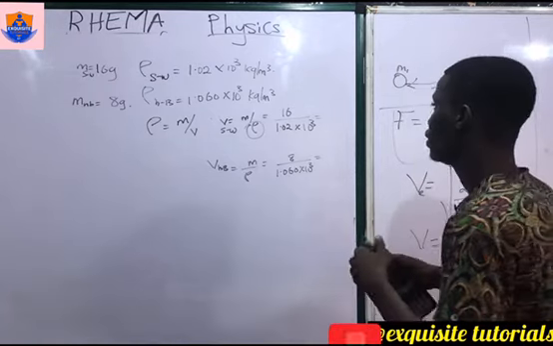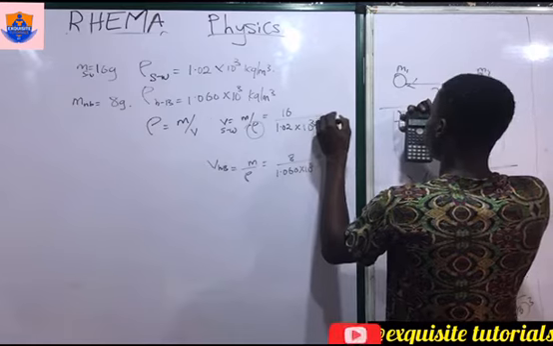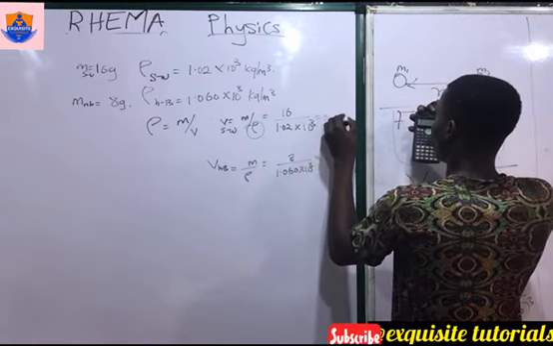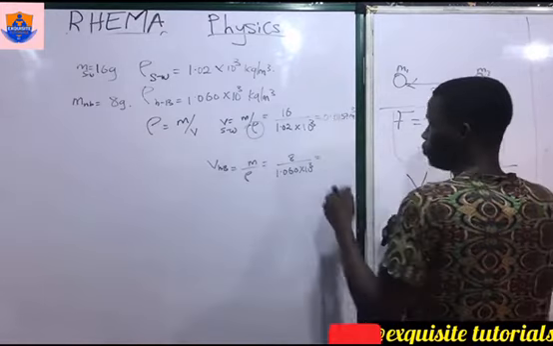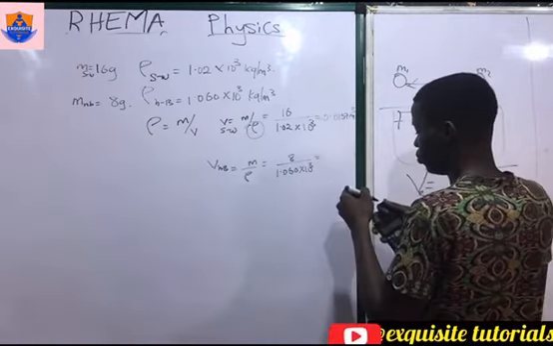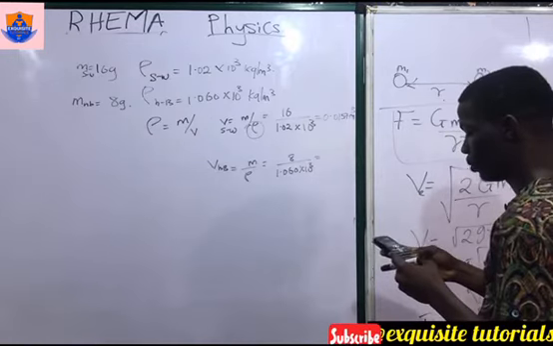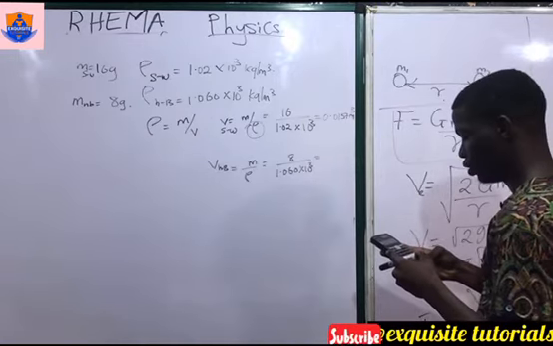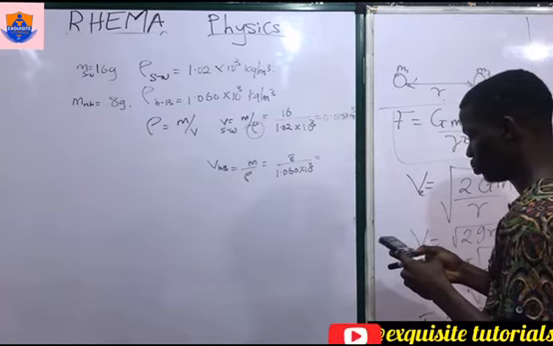If you divide that, this is what it will give you: 0.0157 meter cube. The volume is in meter cube. Same thing with this. The volume of this is 8 divided by bracket 1.060 times 10 raised to power 3.